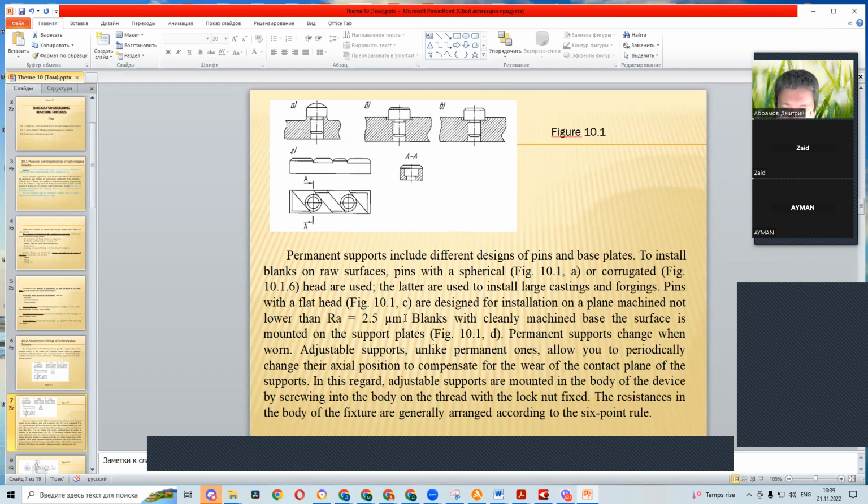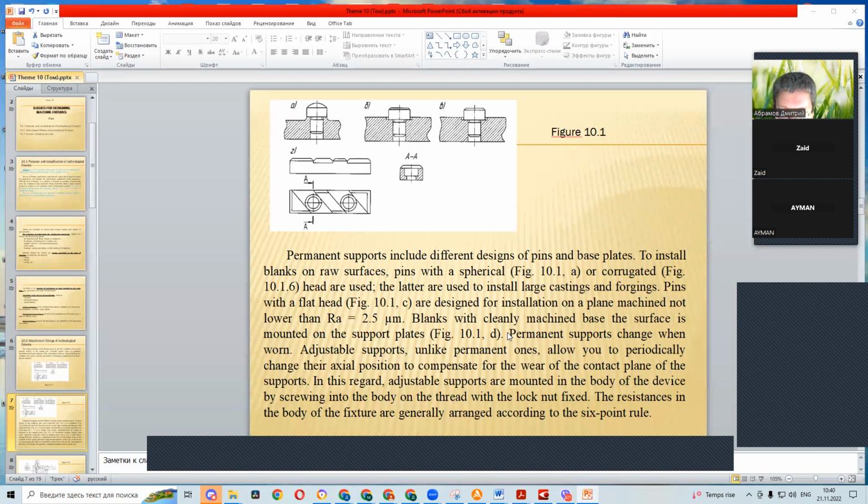Permanent supports are changed when worn. Adjustable supports, unlike permanent ones, allow you to periodically change their axial position to compensate for the wear of the contact plane of the supports.